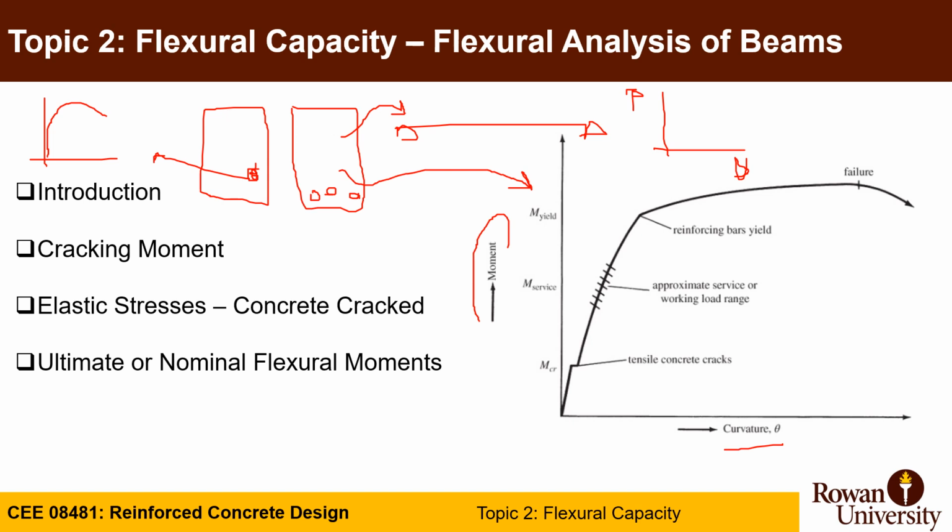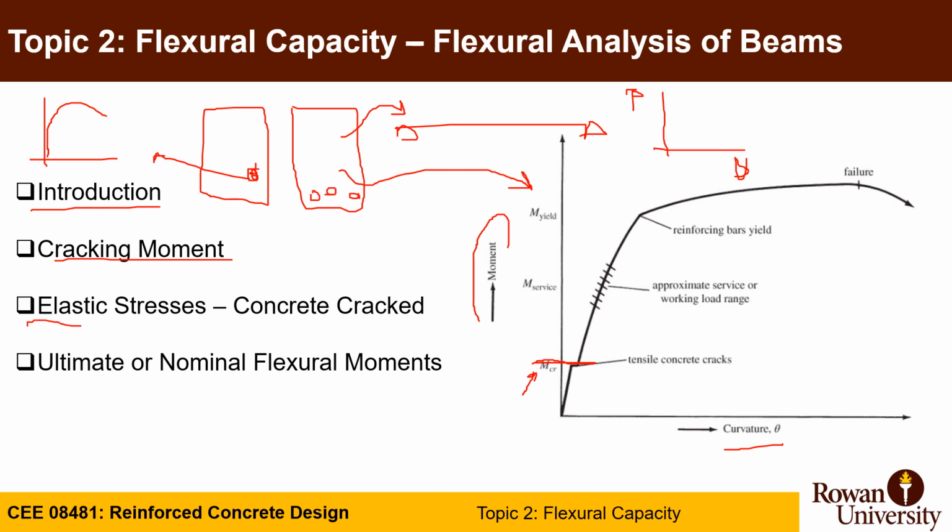As you can see, we will have an introduction. We will know how to calculate the cracking moment, the moment at which concrete starts to crack, which is related to the modulus of rupture, as we covered in topic number 1.